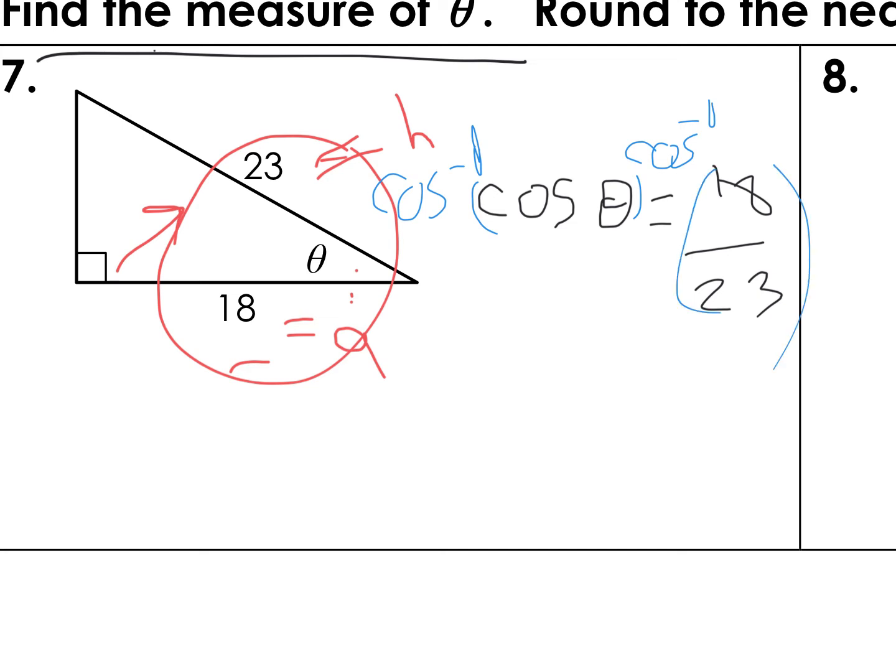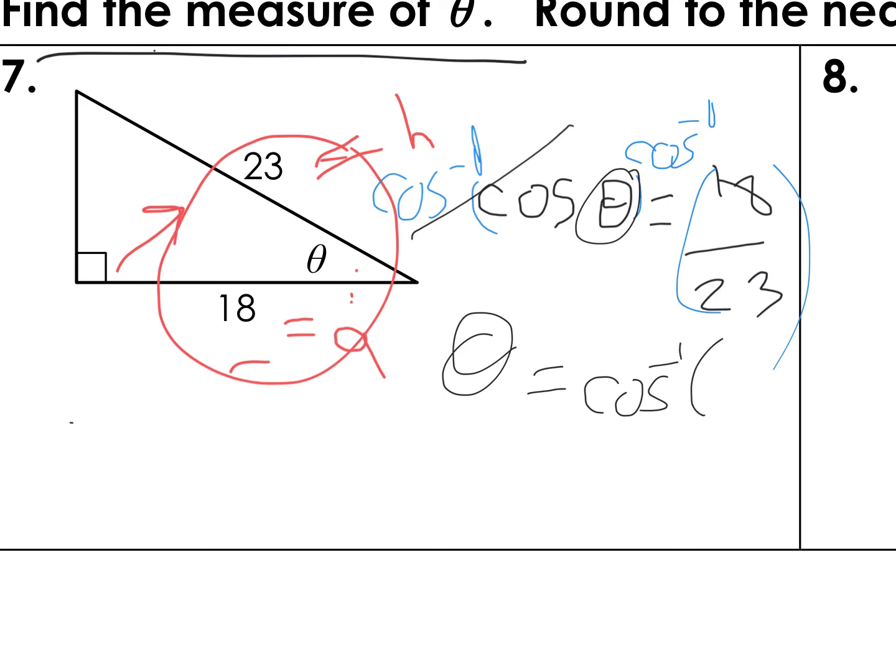It's like taking the square root of a square or squaring a square root. What that does is it cancels each other out because they're inverse operations, leaving what I want, theta, equals arc cosine of 18 over 23.